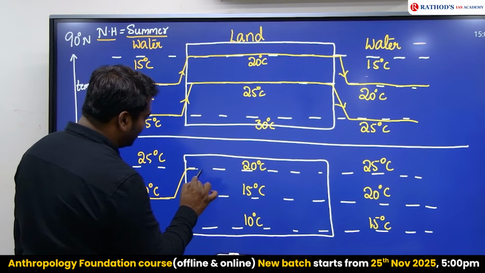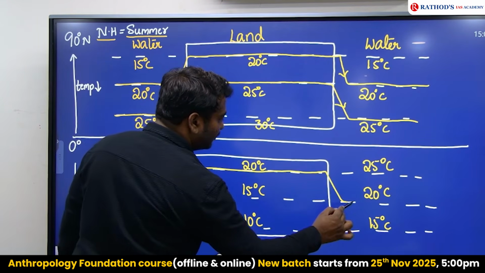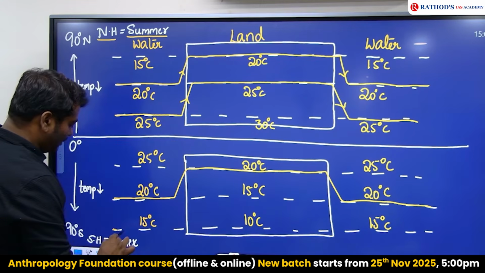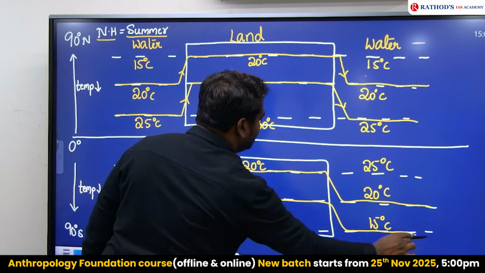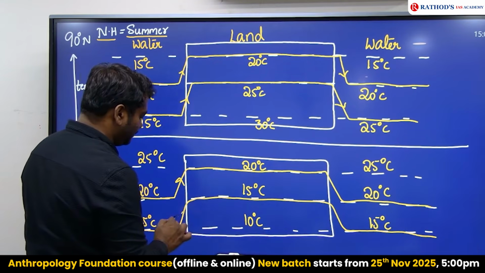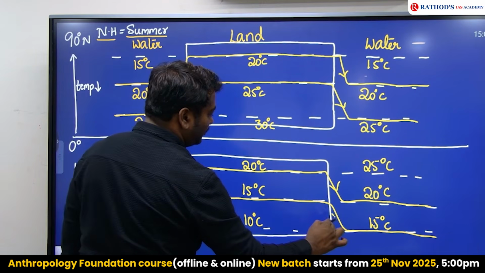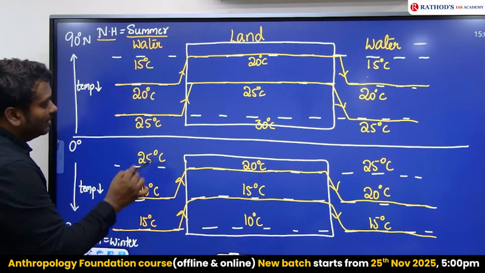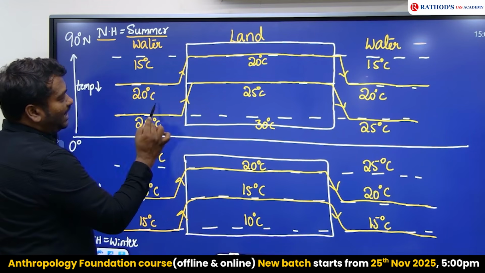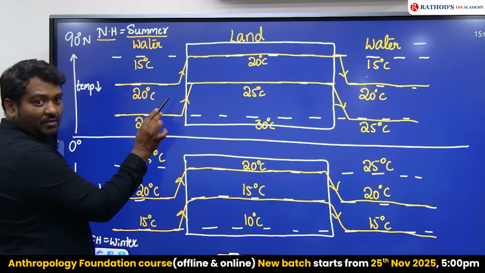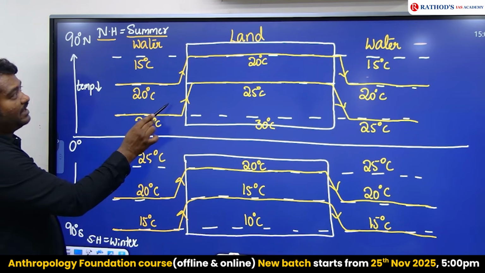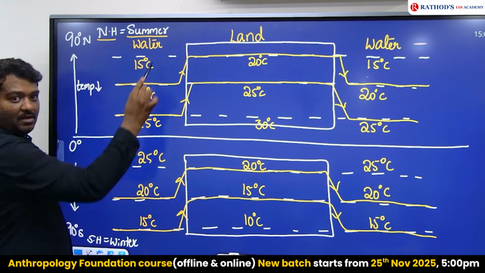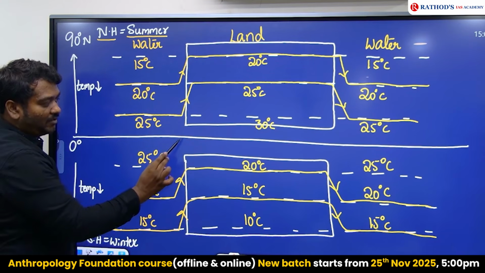Is it the same as the northern hemisphere? Yes. But check the language. See this properly. Here, from sea to land, is it moving northward? Here also, is it moving northward? But here it is moving poleward, and here it is moving equatorward.